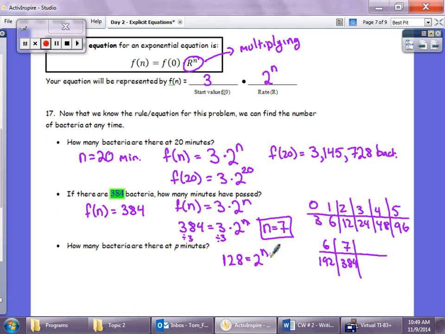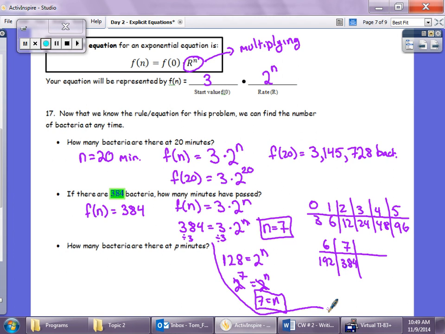Well, if we break down 128, it's 2 to the 7th power equals 2 to the nth. Drop your bases, and 7 equals n. That's going back to Unit 1, Topic 3, solving our exponential equations. So two ways to do it. Doesn't matter. We got 7. So after 7 minutes, we know our answer.